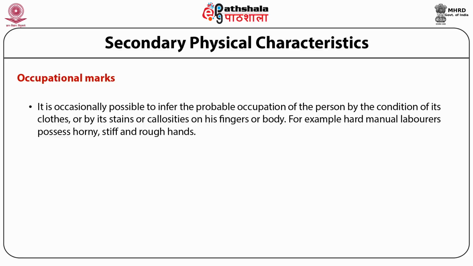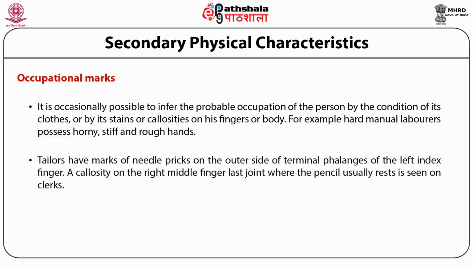For example, hard manual laborers possess horny, stiff, and rough hands. Tailors have marks of needle pricks on the outer side of the terminal phalanges of the left index finger, and a callosity on the right middle finger, at the last joint where the pencil usually rests, is seen on clerks.